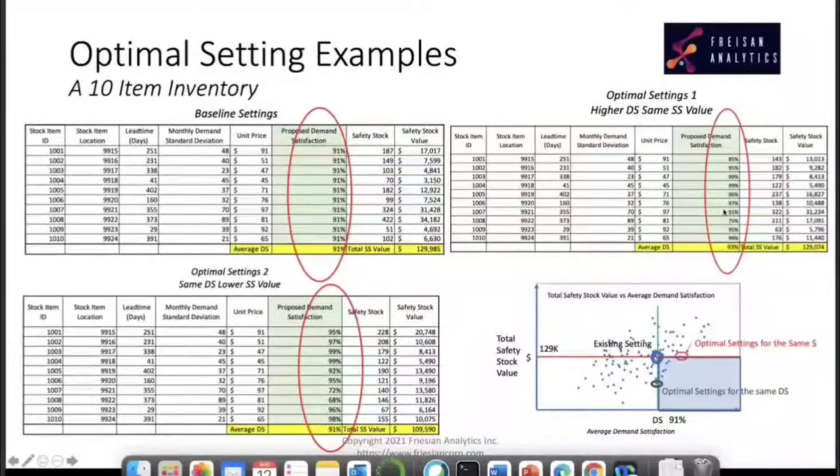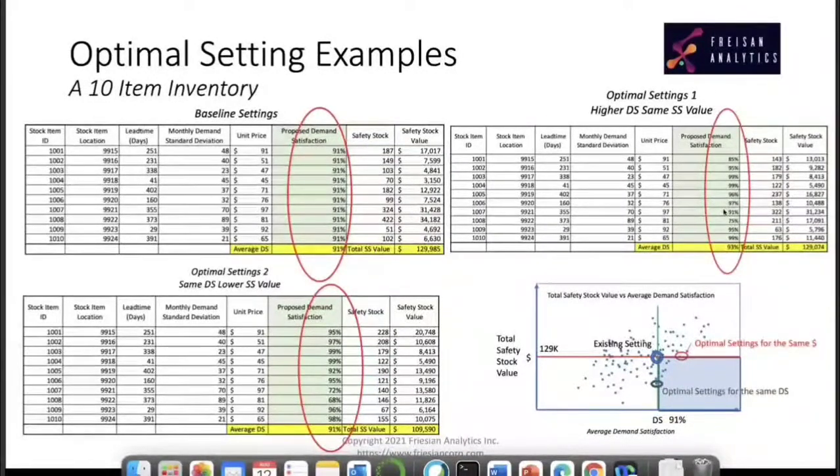So unlike other approaches, right, like ABC analysis, those average or total safety stock are after-the-fact calculations. Only when we are done with DS assignment do we calculate those statistics. They are not part of the guidance in this whole process.